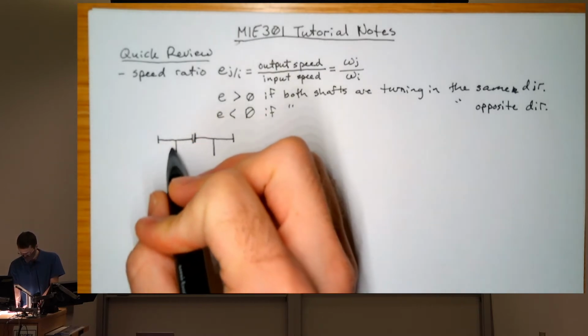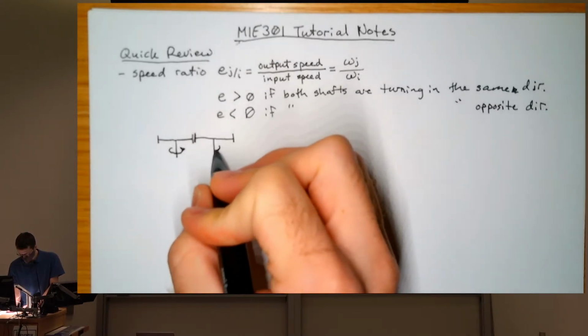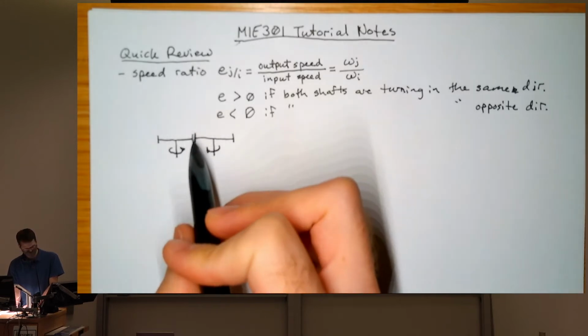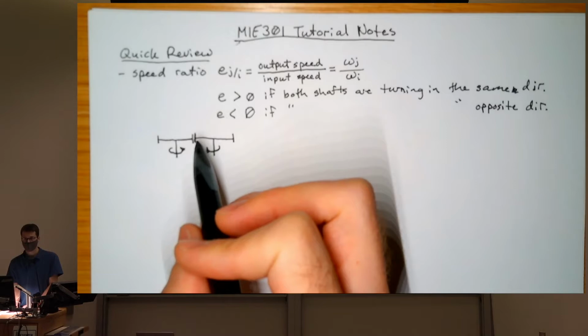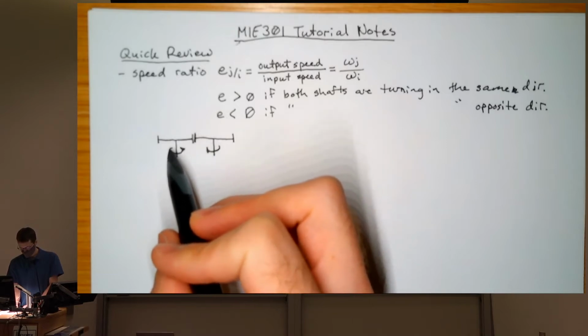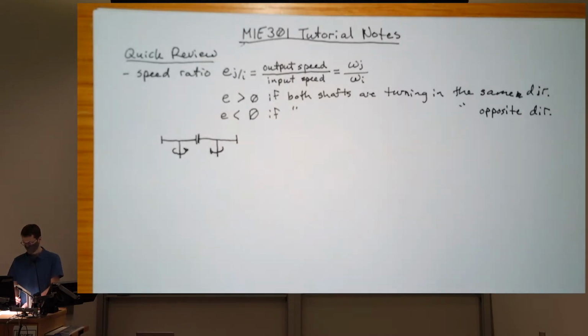If this one is rotating this way, then this one is going to rotate in the opposite direction, because at this contact point, they have to have the same speed since they're in contact with no slip. So for this one, it's going into the page at this point, which means that this gear must also be going into the page at that point.